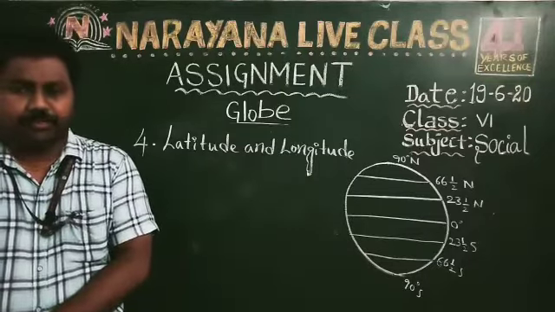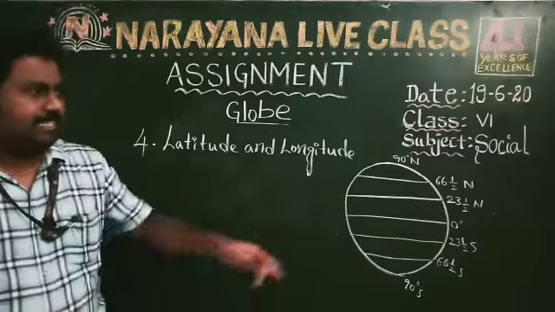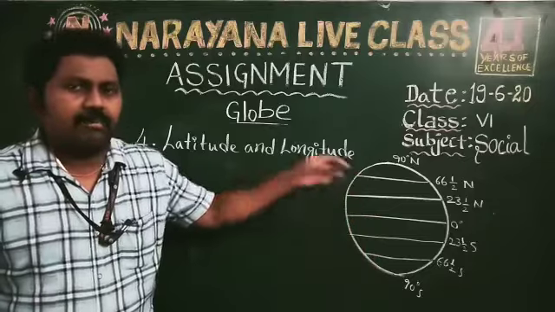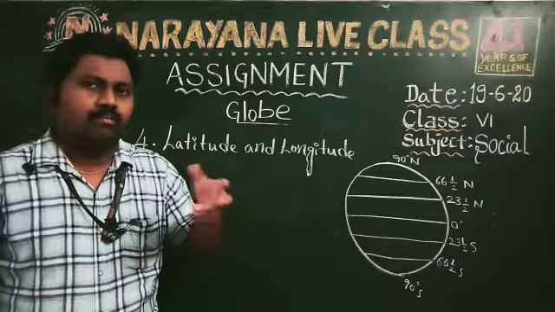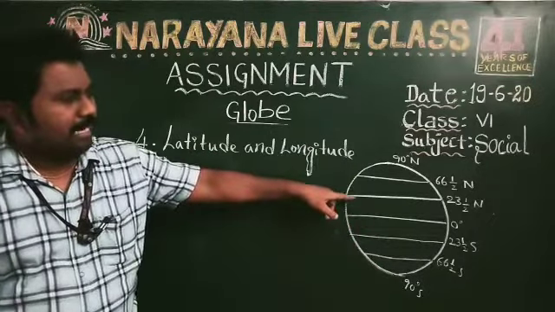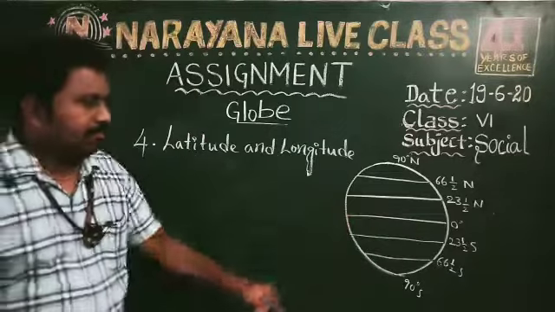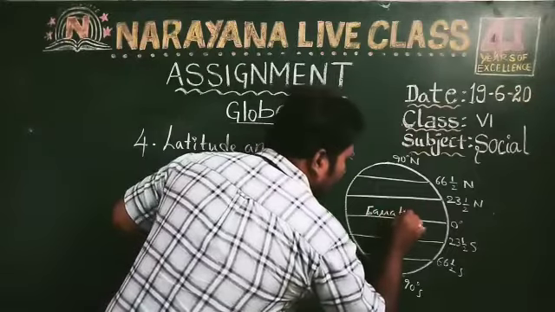Define latitudes. Latitude means imaginary circles. See, these all are the latitudes. Imaginary means in reality it is not there, we are imagining it for our convenience. So latitude means imaginary circles parallel to the equator. This is the equator.